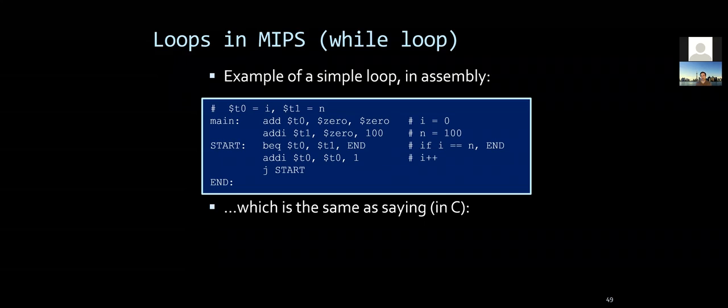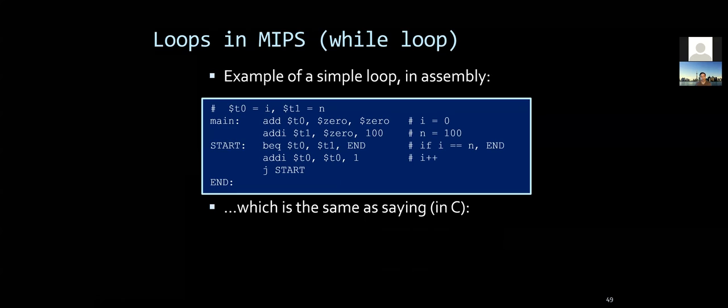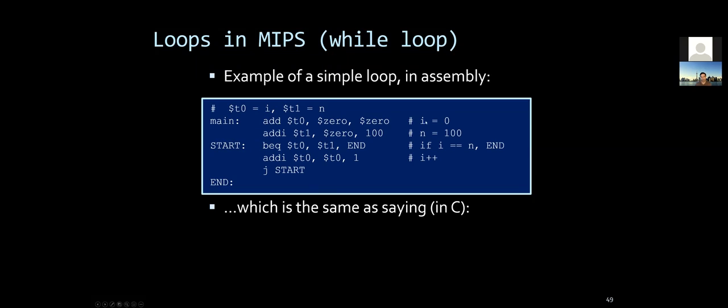Okay. Let's look at loops, and there are different types of loops. There are while loops, there are for loops, that we typically have available in our favorite programming languages. This is an example of a simple loop in assembly, like a while loop in MIPS. The way that loop is done is there is a part that's like a pre-header of the loop, that's what it's called in the compiler area, where essentially we set up variables to the right starting position.